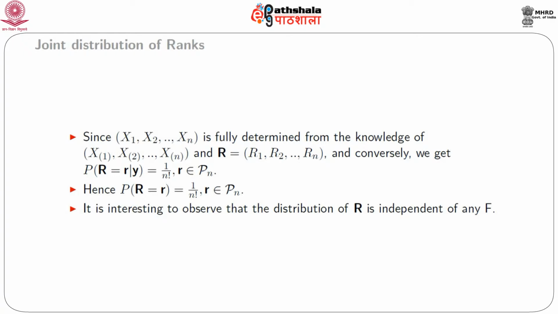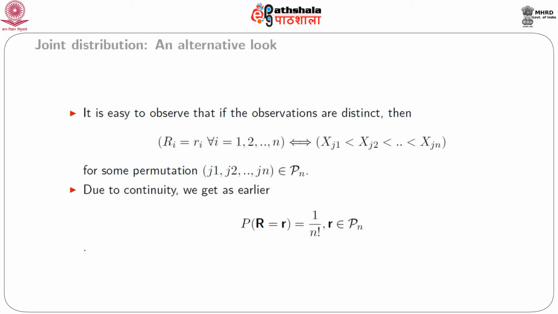It is interesting to observe that the distribution of R is independent of any F. That is, the distribution of ranks does not depend on the parent population as long as the parent population is continuous.